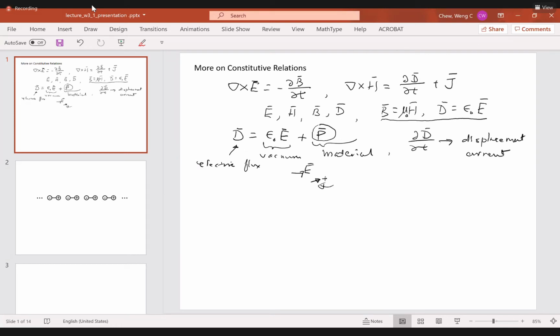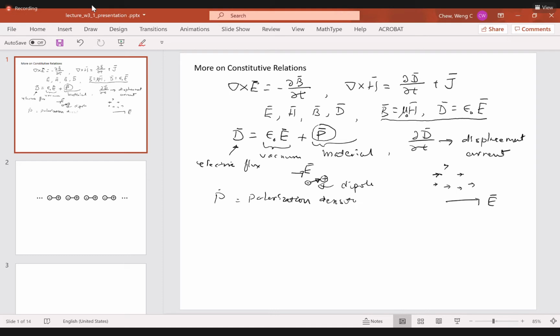The positive charge is going to go there, the negative charge is going to go there, and molecules become little dipoles. You can think of that media as actually consisting of a lot of dipoles aligning themselves. When the electric field is pointing in that direction, all these dipoles will align themselves in that direction. And they can give rise to what is called the polarization density. P is the polarization density.